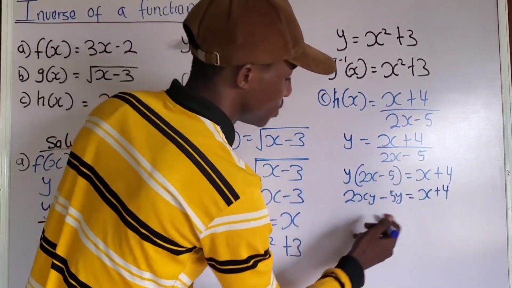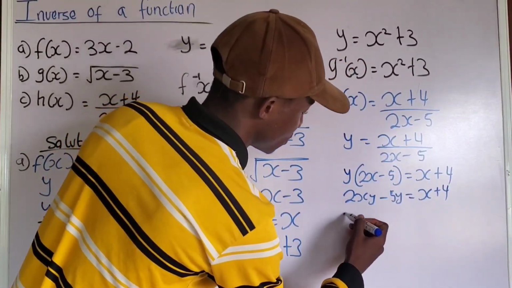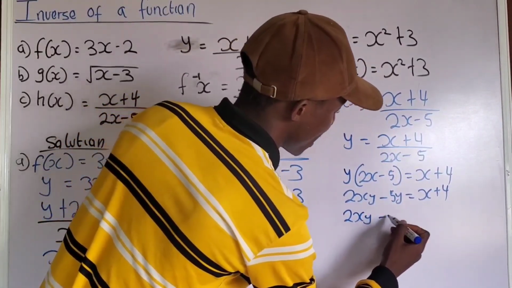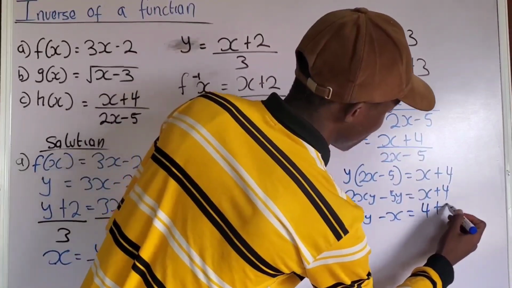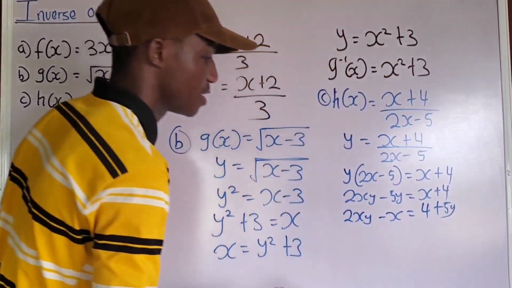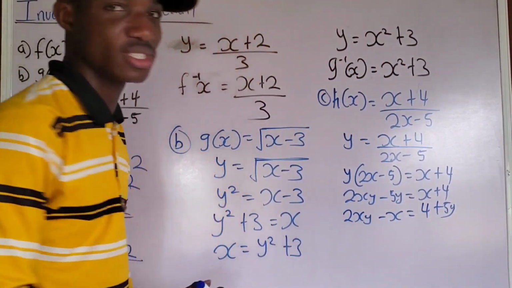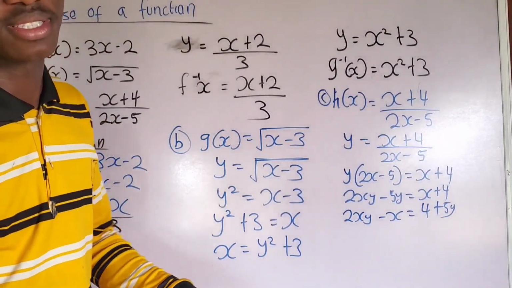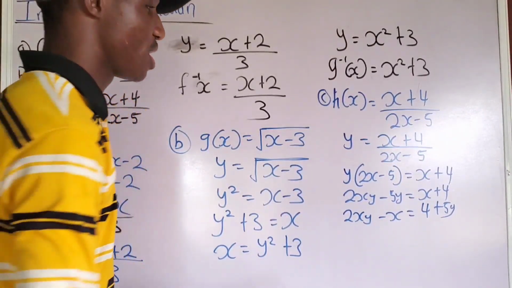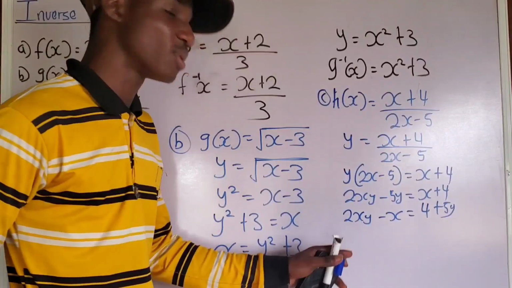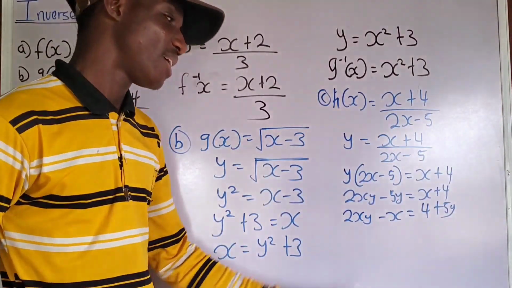Okay. Take x to the other side. I'm going to have 2xy minus x is equal to 4 plus 5y. Now, you have to factorize, because the goal is to make x the subject of the relation. So, I'm going to factorize because x is common to both 2xy and negative x.